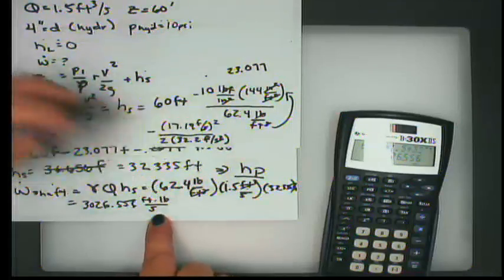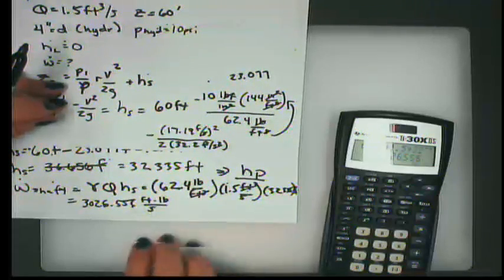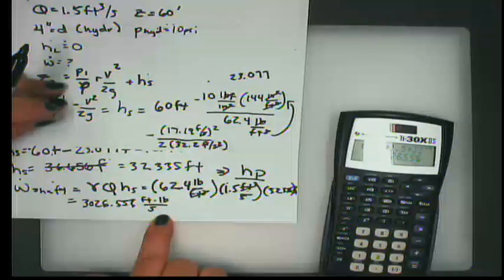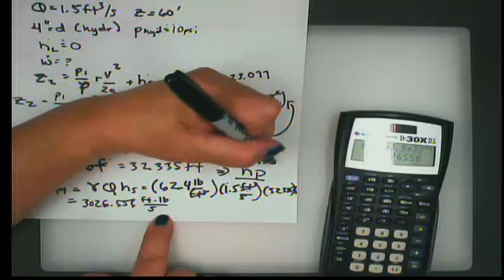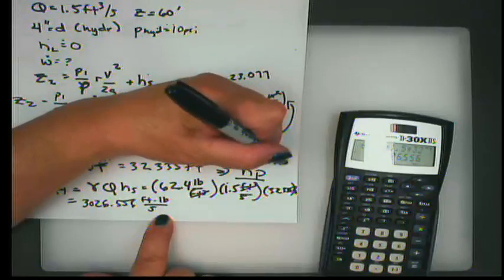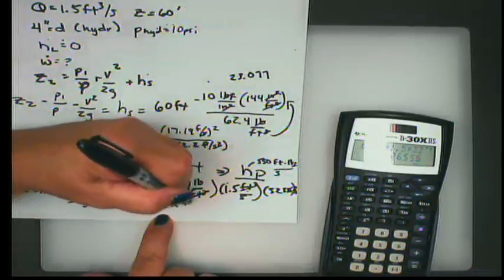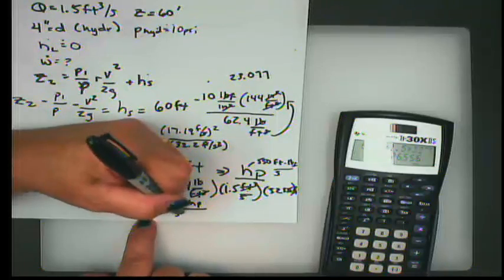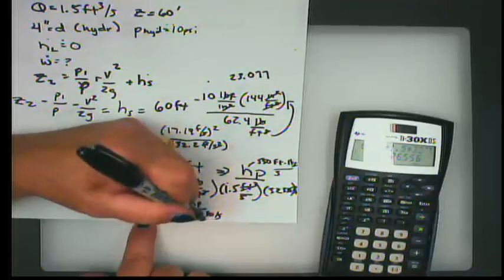Now, continuing with this idea, the conversion between foot pounds per second and horsepower, you can look this up in your book, is 550. So 550 foot pounds per second is equal to 1 horsepower. So I'm going to say 1 horsepower per 550 foot pounds per second. Cancel, cancel.